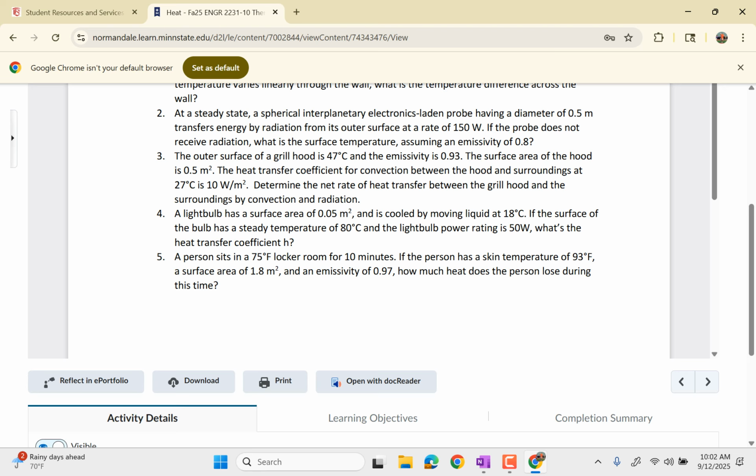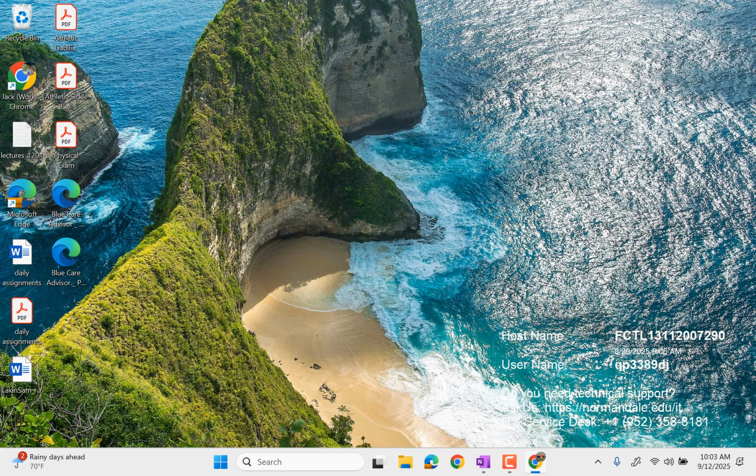Number 5. This is not convection. It's not a moving fluid. And anytime you're given the emissivity, the only thing that's relevant for is radiation. So if nothing else, you can just see that and know that we're talking about radiation.